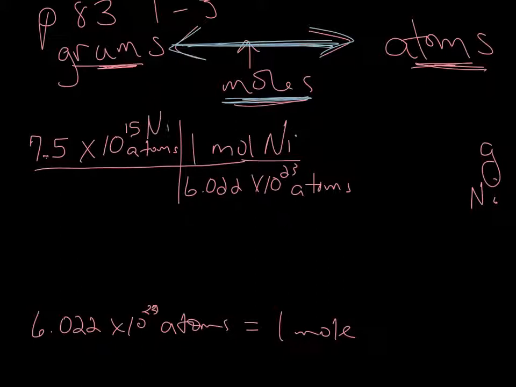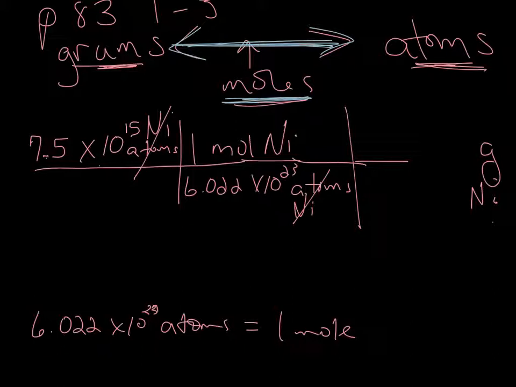We have this many of nickel, and so this cancels this. Now I have moles on top, but I'm not done. I'm looking for grams, so this is what I'm trying to find over here. So I'm not done, and that's why I always write what I'm given and what I need to find, so that I know if I have the right units all canceled out.